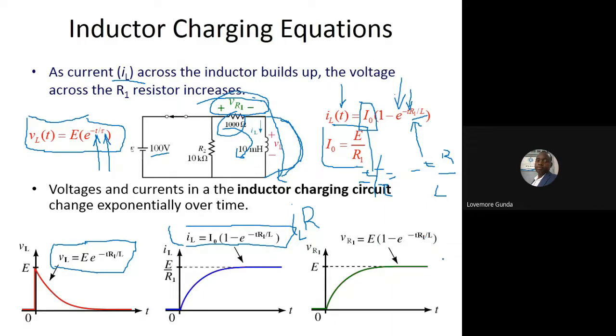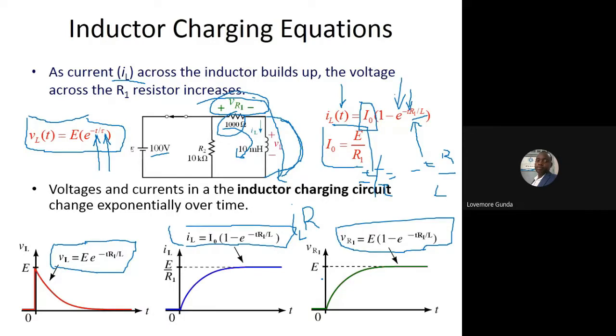Again, we've already noted that tau is equal to the time constant. So these are the three important equations that you have to take note of when you're dealing with the charging of the inductor.